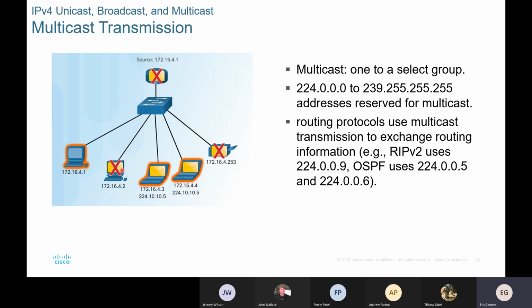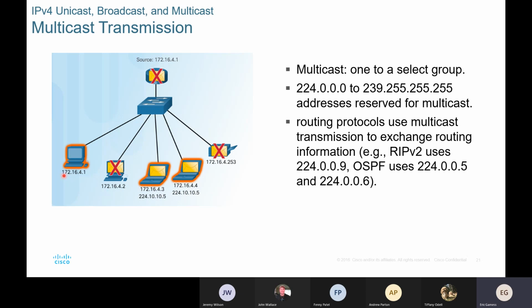Here we can see that these two laptops did subscribe to a multicast group, which is 224.10.10.5, as you can see. And this is a source for the multicast group. It will send a packet.